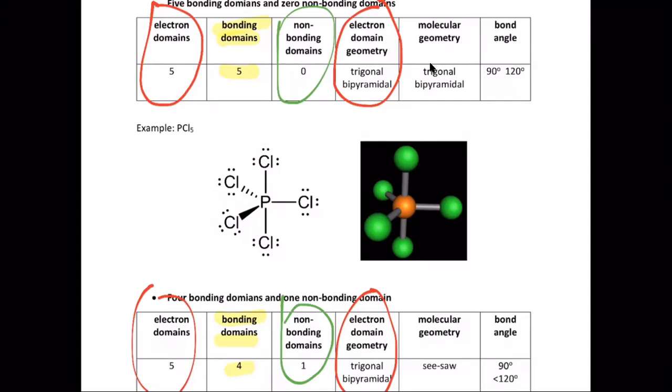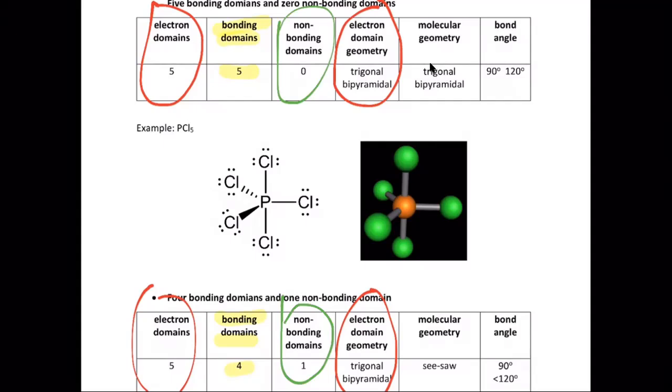But because the first one, all 5 of the domains are bonding, the molecular geometry is the same as the electron domain geometry. So if you have no non-bonding domains, if all of your domains are bonding, in the 4th and 5th columns, the electron domain geometry and the molecular geometry are going to be the same. Okay.